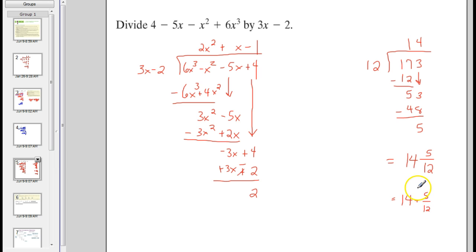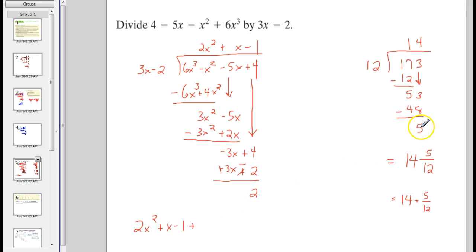Alright, so this is the same thing we're going to do here. We take our quotient, this polynomial, we write it first. Then we take the sign of our remainder, which is positive in this case. We put a little plus sign because this is positive. If it were negative, we put a minus sign.